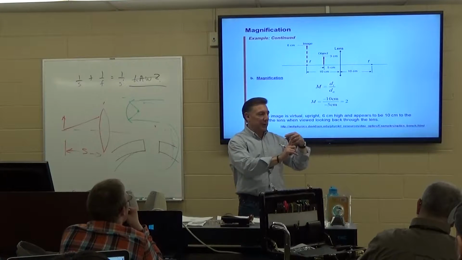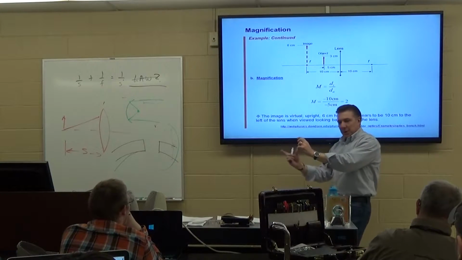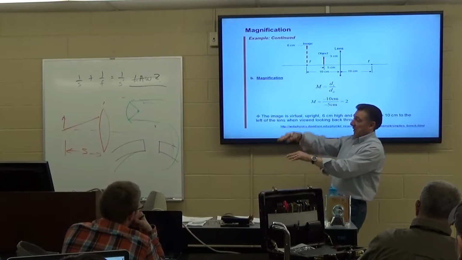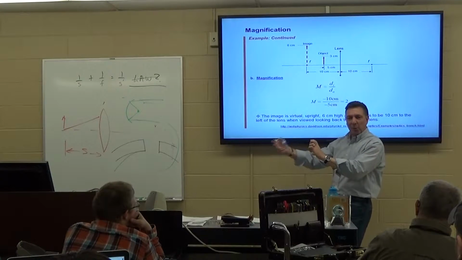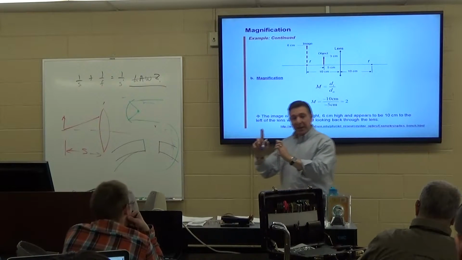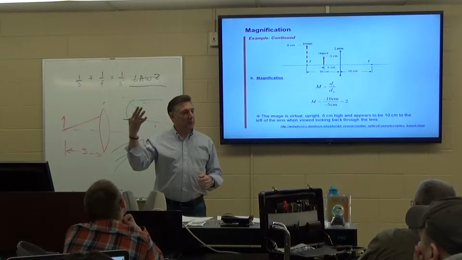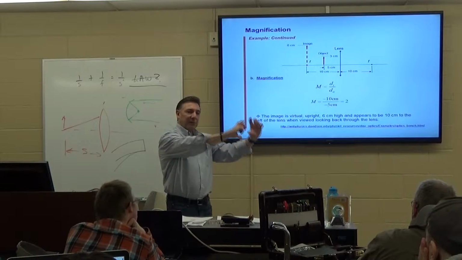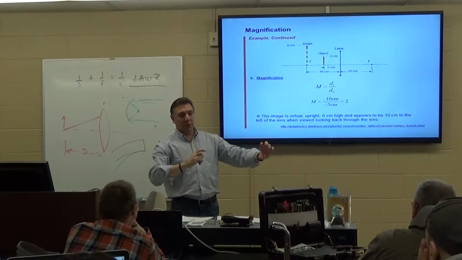Well, with a virtual image, you can't take a ruler and look inside the lens and try to measure how far away it is. It doesn't work that way. Okay? You can see it. It appears to be bigger. It appears to be a certain distance away, but there's no physical way of measuring that, unless you use your imagination, take a separate lens, and put it after your first lens, and you can actually create a real image.